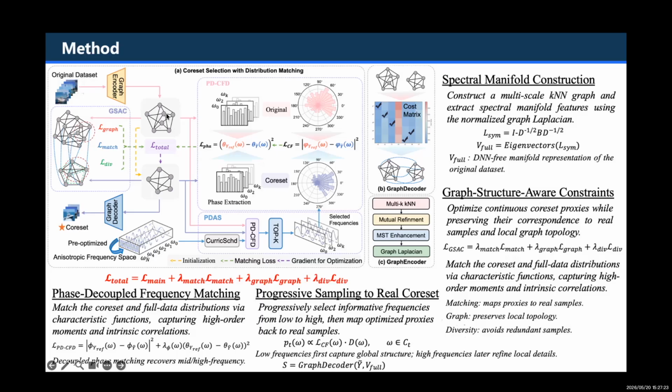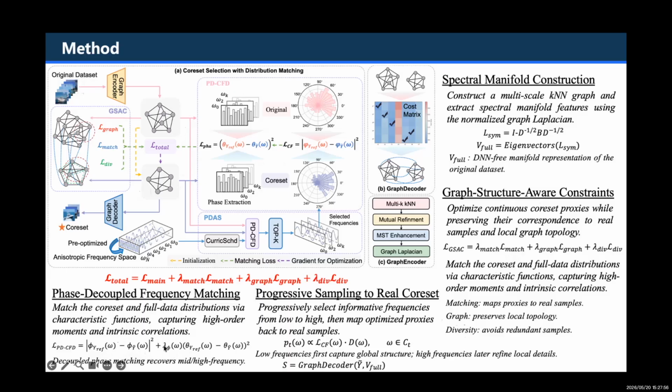After building this graph, we first initialize a smaller graph as our Coreset, and we turn it into the frequency domain and use the PDCFD, which is the phase-decoupled frequency matching. We could see the loss function here actually decouples the phase component from the magnitude component.